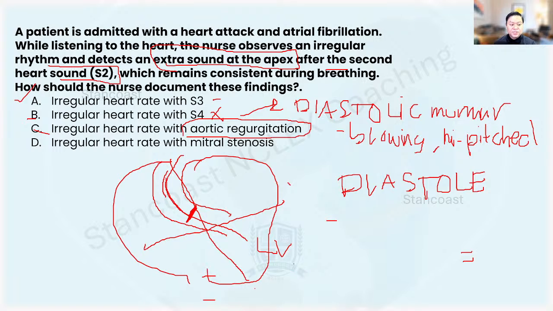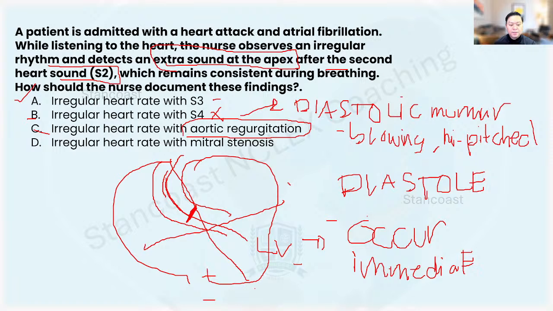Okay, so again, this is going to occur immediately after the S2. Not early in the diastole or late in the diastole, but immediately after the S2. So it's not going to fit that characteristic.